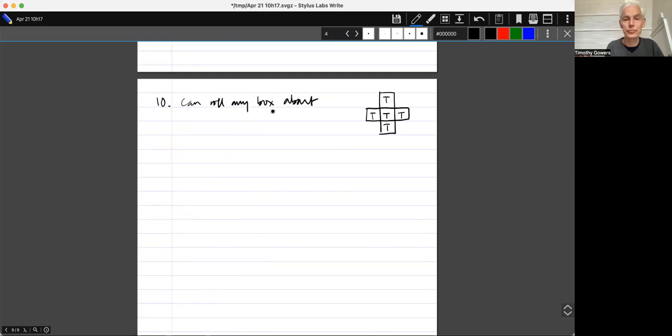So yes, I'm assuming these are 3D boxes perhaps. They're tops, yep. Are labelled by T.